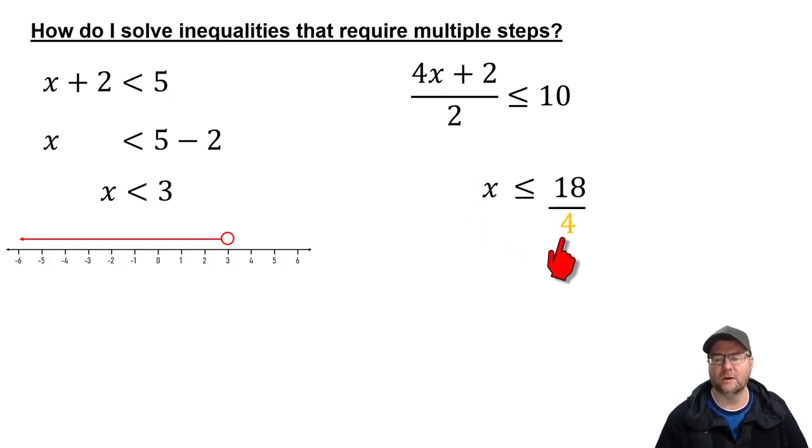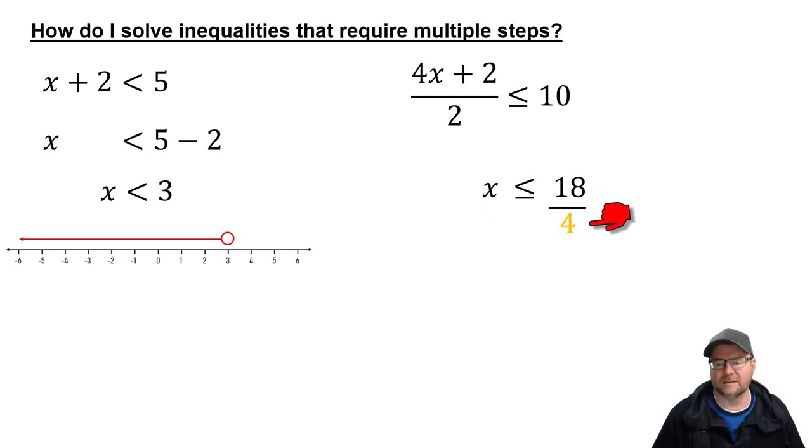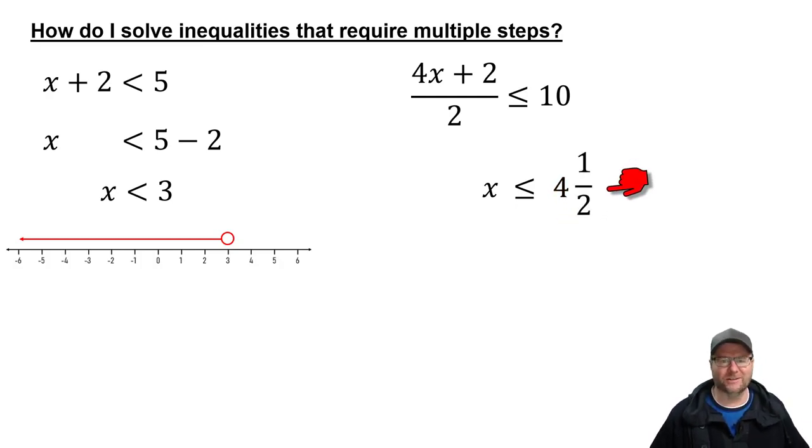It becomes a divide 4. I just divide everything that's on the other side by 4. Now that's a number I can work with. 18 divided by 4. If you're not sure, you can put that in your calculator, but you may be able to do that in your head and say, well, 4 fits into 18 4 times with 2 left over, so it's 4.5.